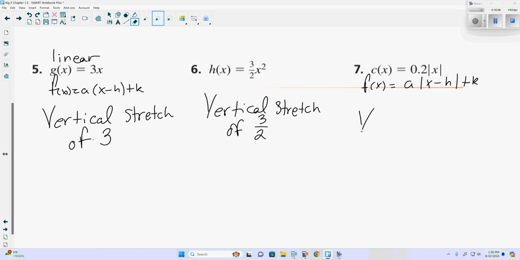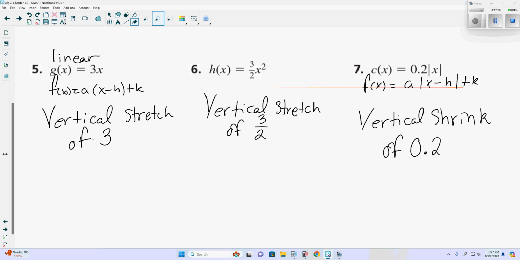It's going to be a shrink of 0.2. That's it. Questions on this here? So the first one was linear, the second one was quadratic, and the third one's absolute value. Yeah.